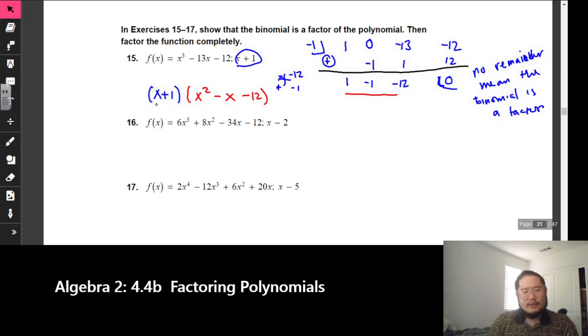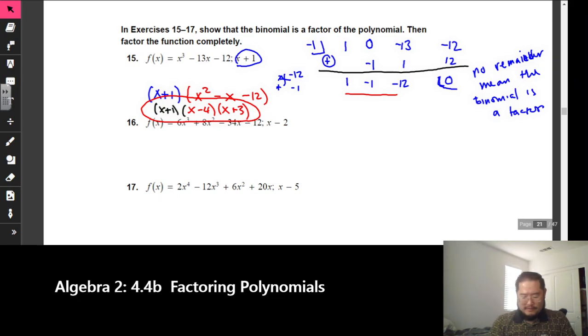So my actual answer will be x plus 1, and then we use our binomials: x minus 4 times x plus 3. And all of this is our polynomial factored completely.